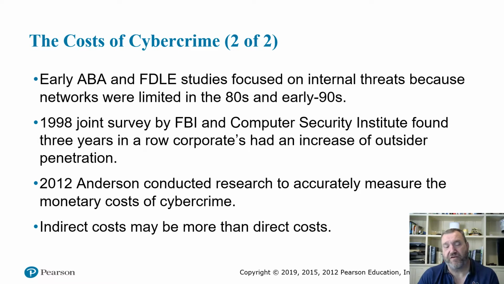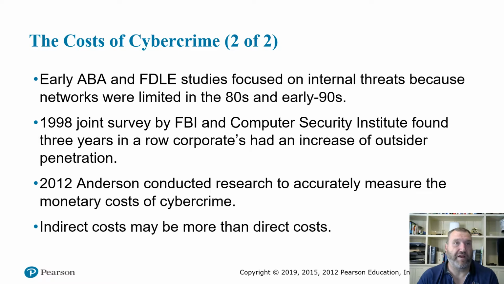And then there's lots of indirect costs that come from that. The protections, the training, things like you're doing right now, going to school to learn how to protect against all that. These are all incidental costs or indirect costs that go into protecting the network that are not included in that research.